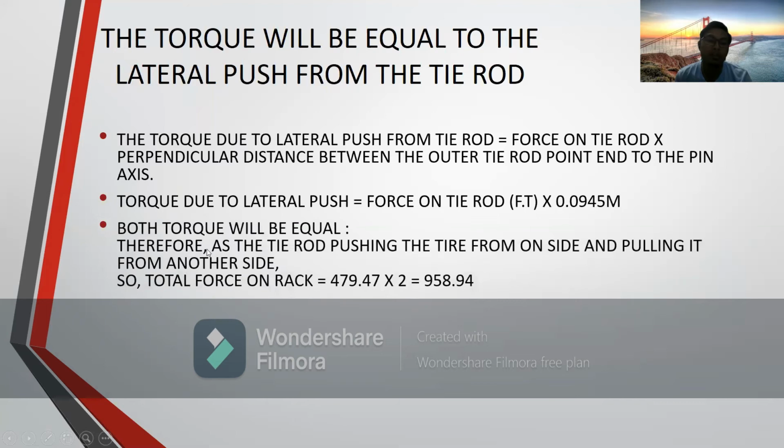Both torques will be equal. Therefore, as the tie rod is pushing the tire from one side and pulling it from the other side, the total force on the rack is 479.47 times 2, which equals 958.94.